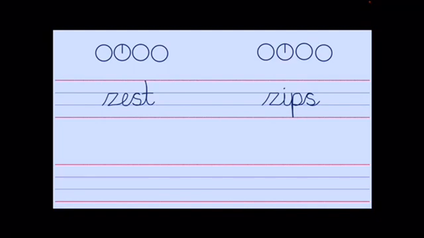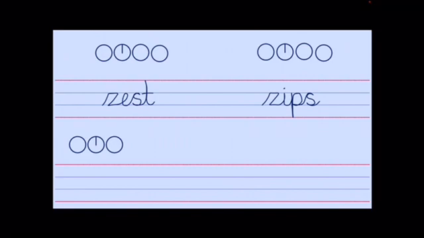How about fizz? F, I, Z. Now this is where we get some changes. We can see that we have a one-syllable word because there's only one vowel.